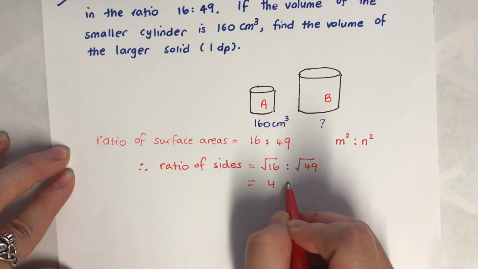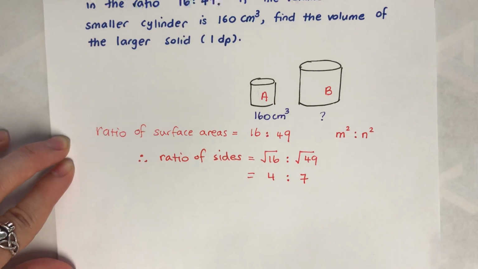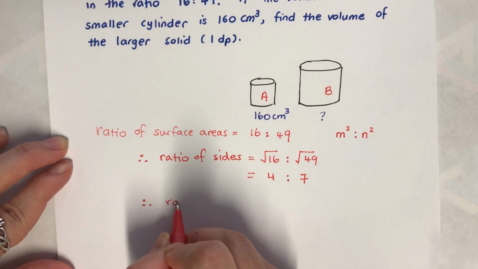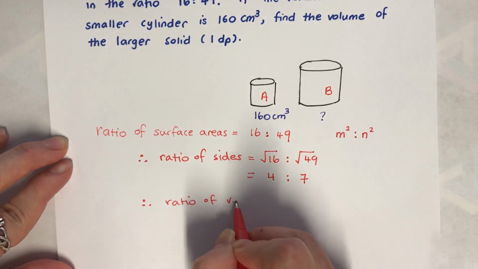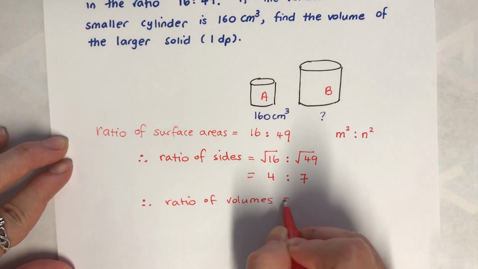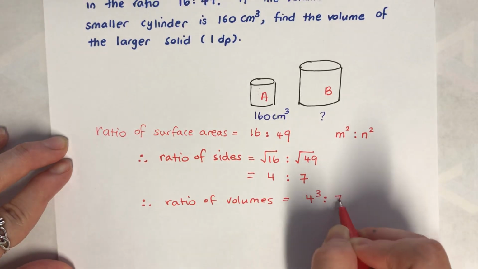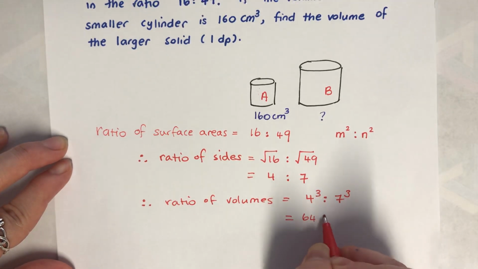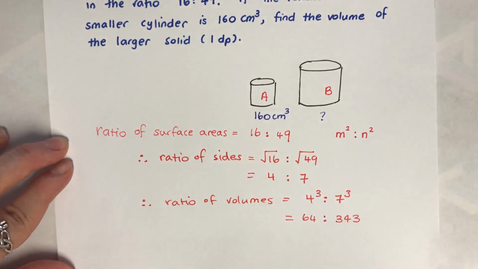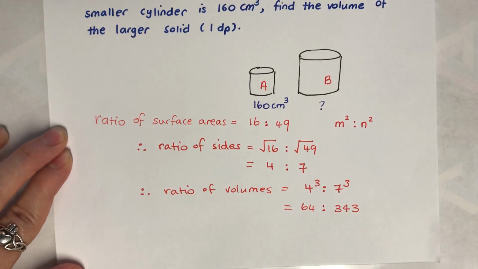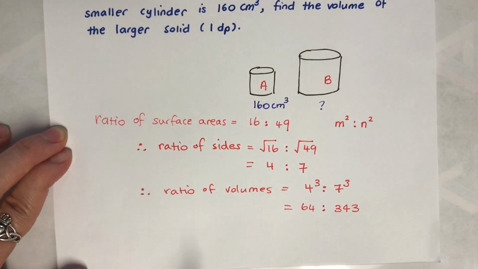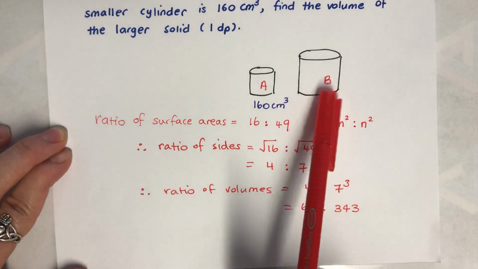So it'll be 4 and 7. So that is your ratio of sides. Now we are ready to do the volume bit. Therefore the ratio of volumes will be 4 cubed to 7 cubed, which is 64 to 343. Feel free to use a calculator on this one. Now that's not the answer. We have to find the volume of the larger solid, not the ratio of volumes.